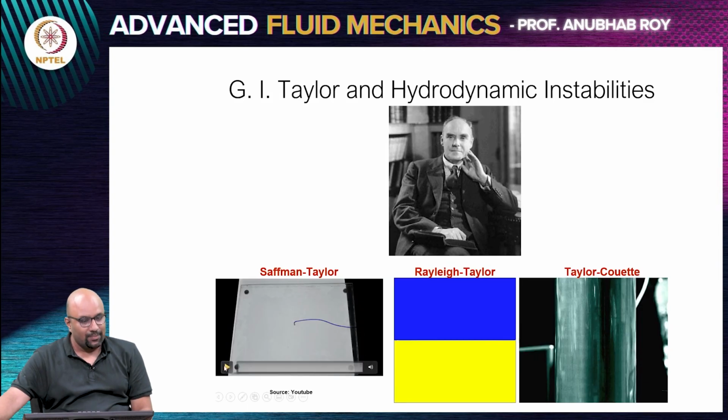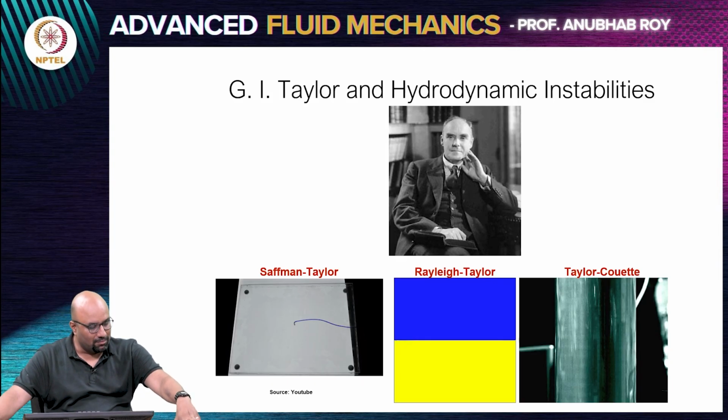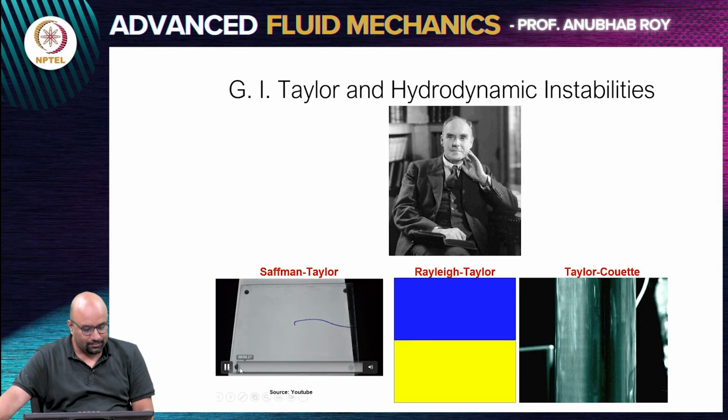The first one is where you are trying to spread or inject a light or low viscous fluid into a more viscous fluid. So imagine that you have a scenario where you have a very viscous fluid that is there, and now you are trying to inject into it a lighter fluid. As the lighter fluid spreads, you are looking at it from the top, and this is actually something of quite a lot of importance in oil extraction and porous media problems, where you have a very viscous fluid that is already there and you are trying to inject a light fluid.